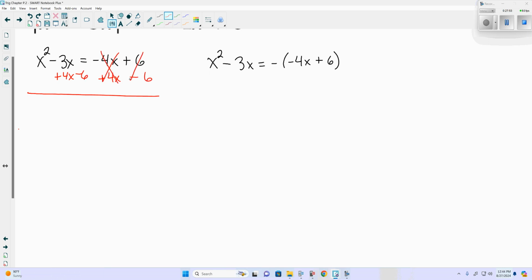Now the right-hand side is going to become 0. The left-hand side will have x squared. Our -3x plus 4x is going to be plus x. Since there is no like term for the minus 6, it's just going to stay minus 6. So we have x squared plus x minus 6. Now we can graph this or factor it. Either one works.